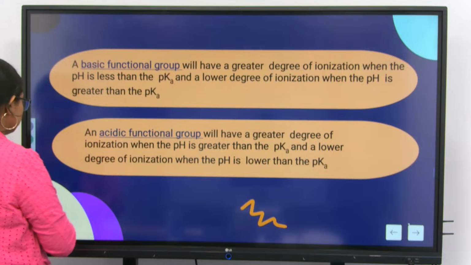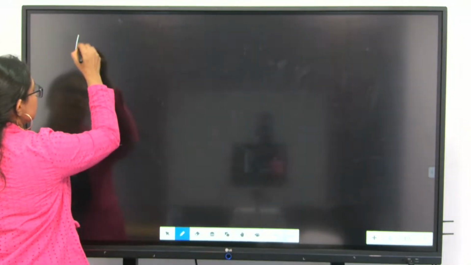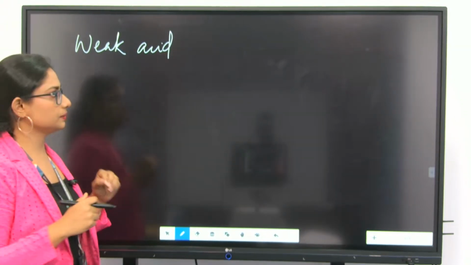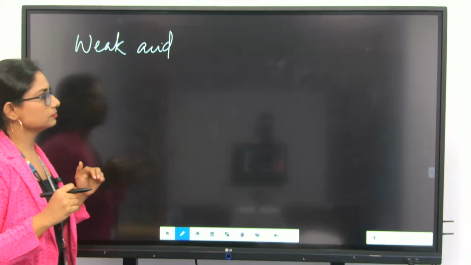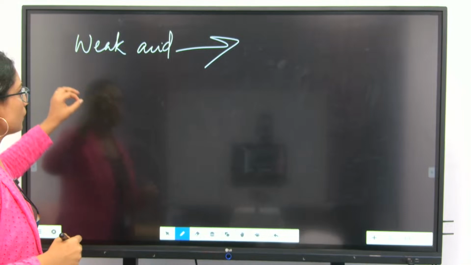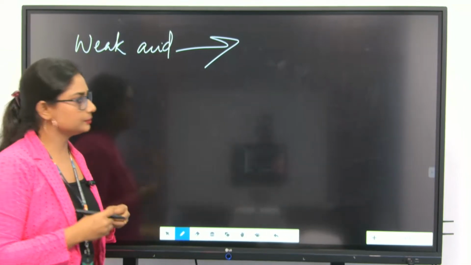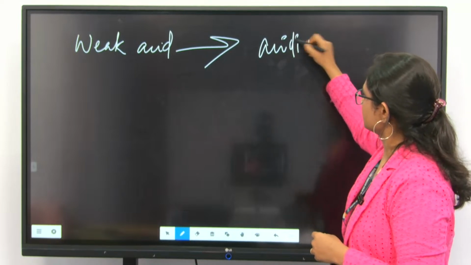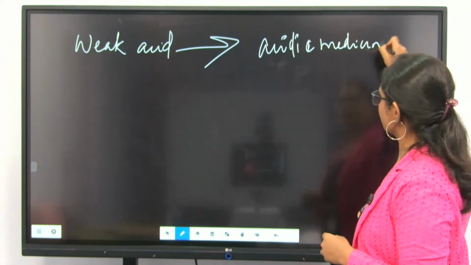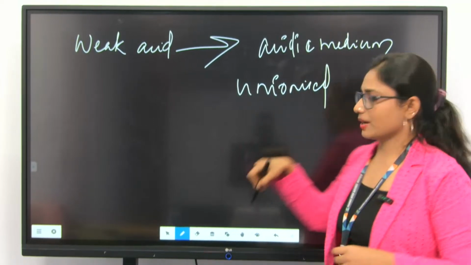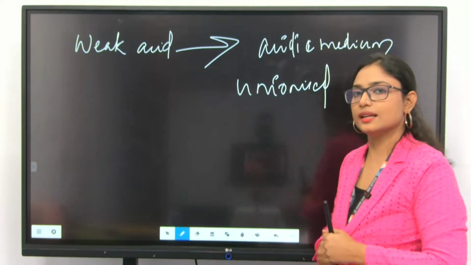That means when we formulate a drug as a weak acid, this is the thing which you should learn by heart, and you should be thorough with this. So when we formulate a drug as a weak acid, when it reaches the acidic medium, it will stay unionized. So we need unionization, isn't it?